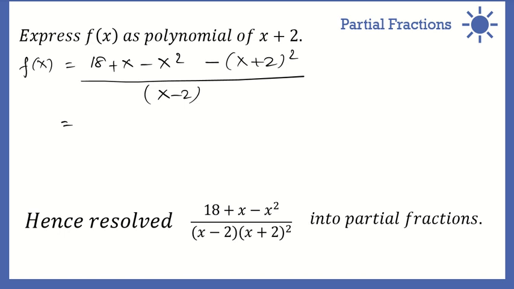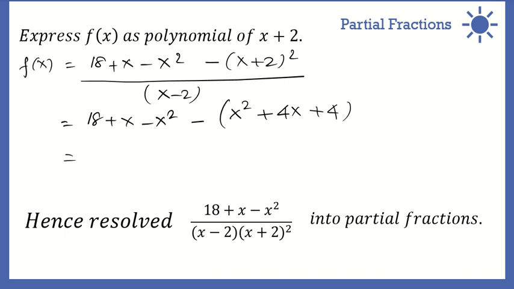So 18 plus x minus x squared minus, when you simplify x plus 2 squared, you get x squared plus 4x plus 4.